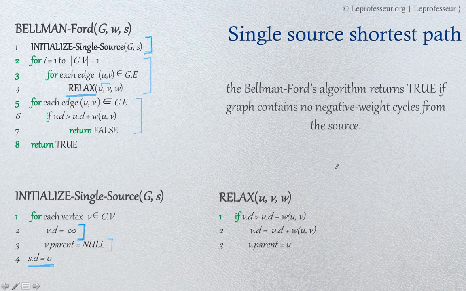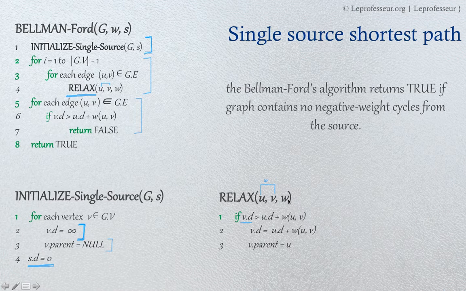As you can see here with this if condition, if we are taking the edge from u to v, and if v dot d is greater than u dot d plus the weight of the edge uv, then we simply update the new distance and the new parent of v.